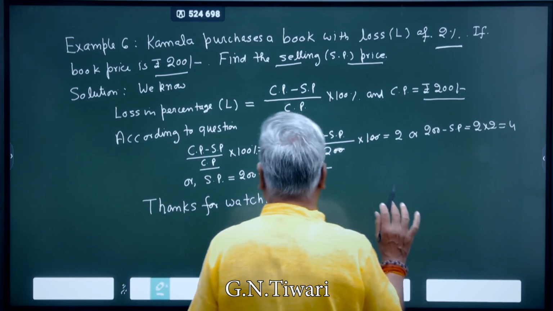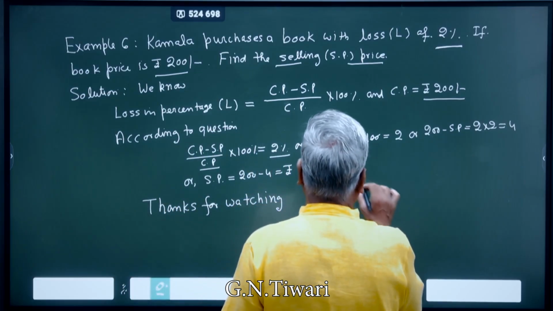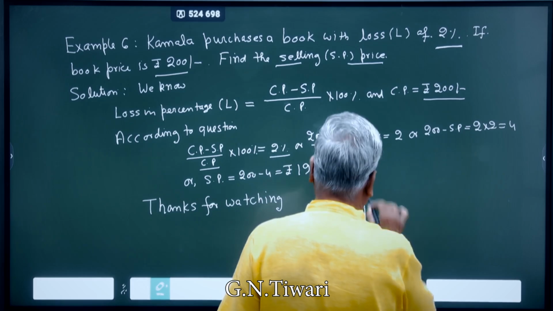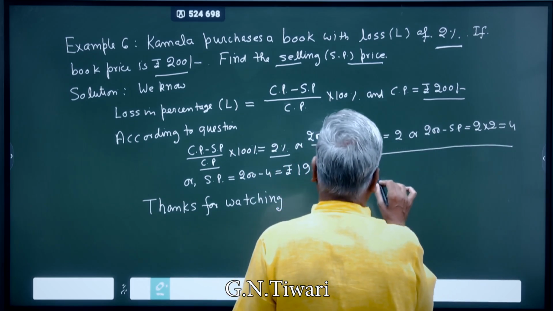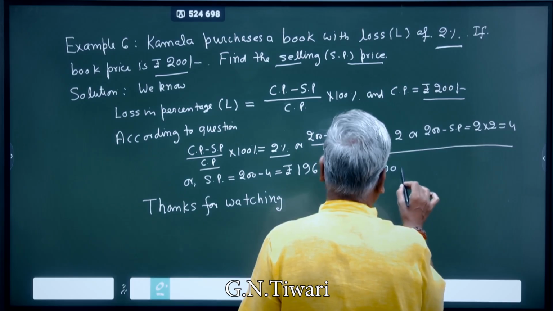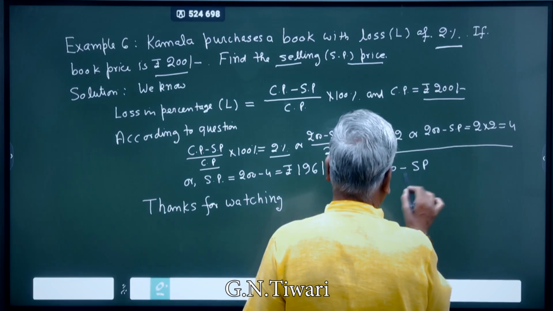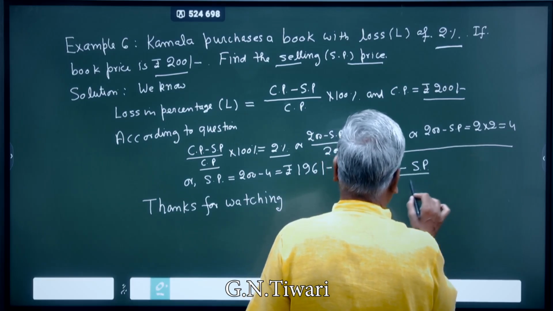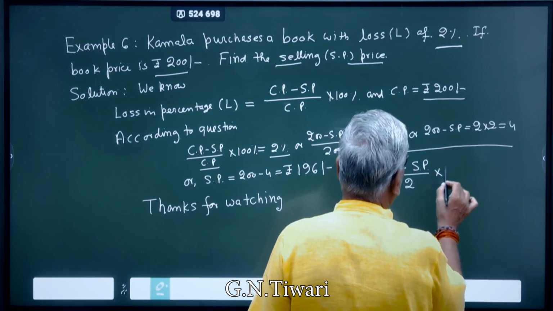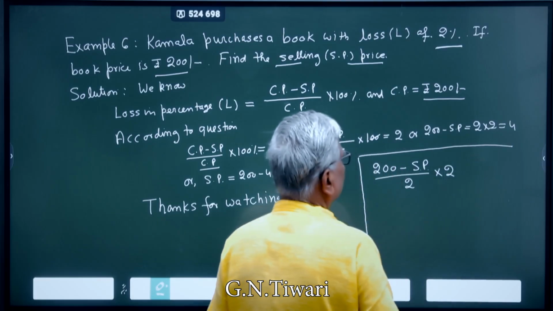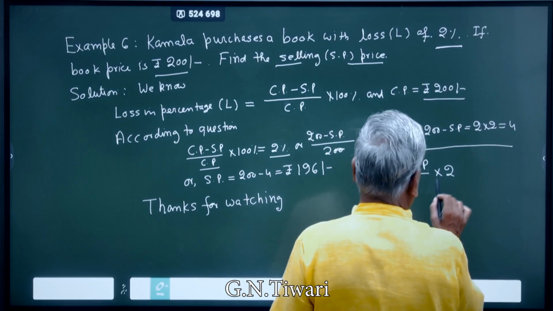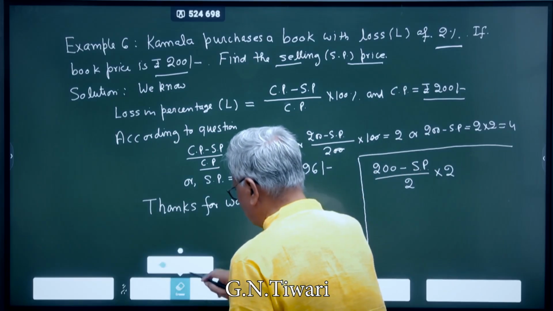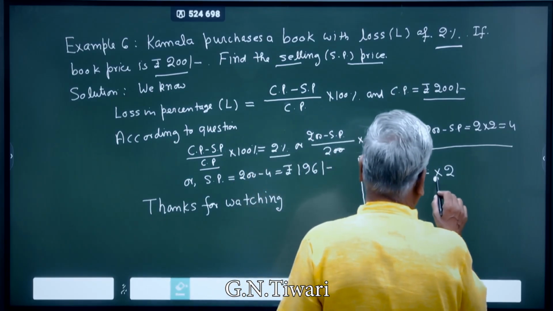How to solve it, I am telling you simply. I am giving the simple calculation because they are very small children. 200 minus SP upon 2 into 2. Sorry, here we have made a little haste. Equal to 2.